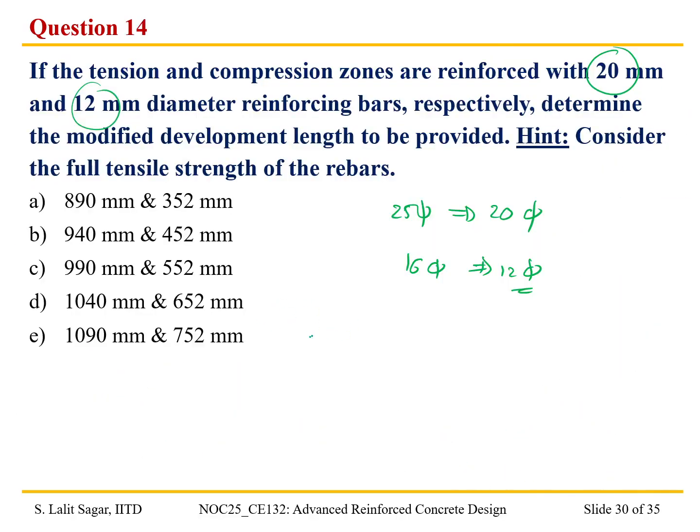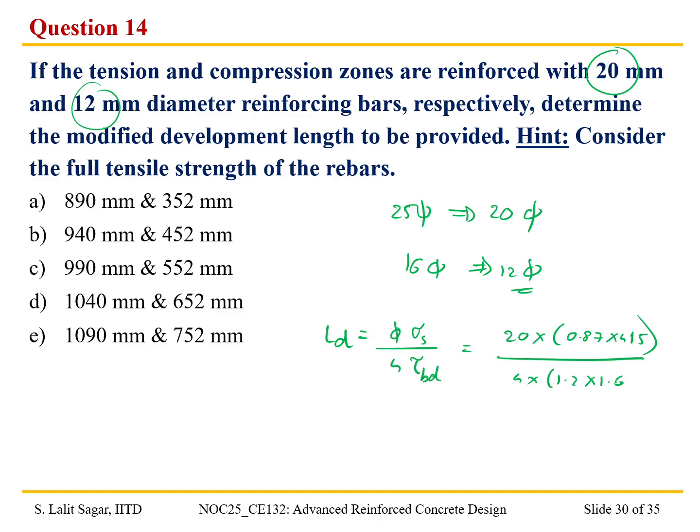So here LD is equal to 5 sigma s by 4 into tau bd, that is 20 multiplied by 0.87 into 415 divided by 4 into 1.2 into 1.6, that is for tension.